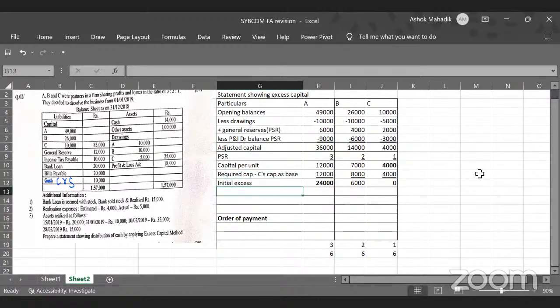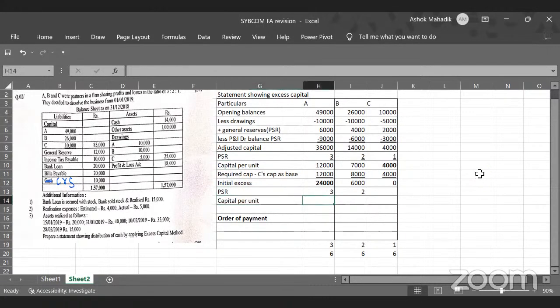Okay, now we have to repeat this entire process once again from PSR onwards. Okay, so first I'll write PSR. Now only two partners left, so I'll write only for two partners. Okay, now capital per unit. How do we get capital per unit, students?